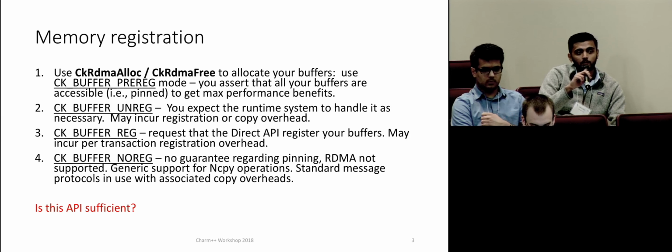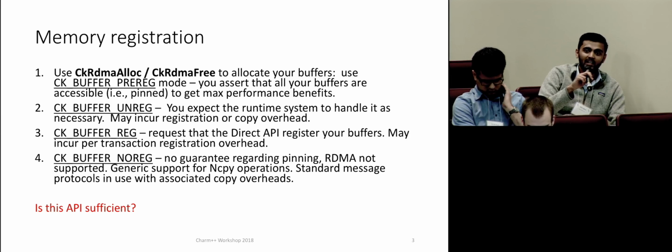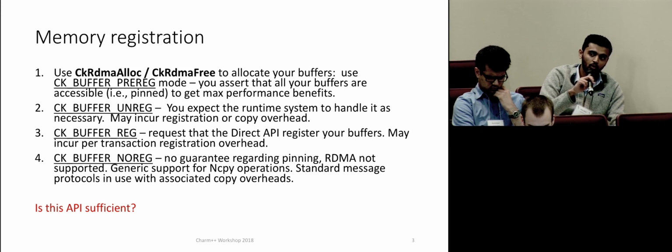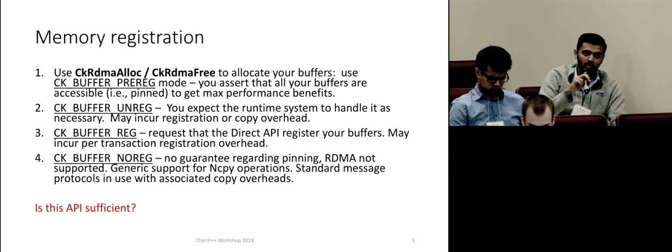And right now in this particular API itself, if the user can see that a particular buffer is not being used anymore and the transaction is complete, the user can specify calls to deregister it too. So those are the modes of deregistration available. But at registration, if there isn't any more memory available, it fails as of now.